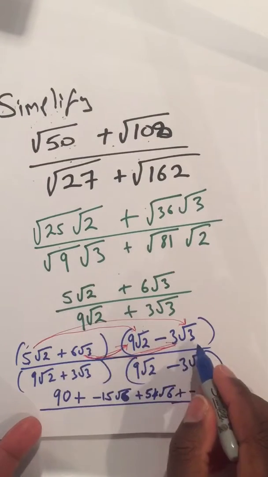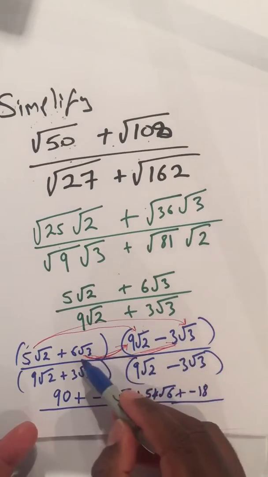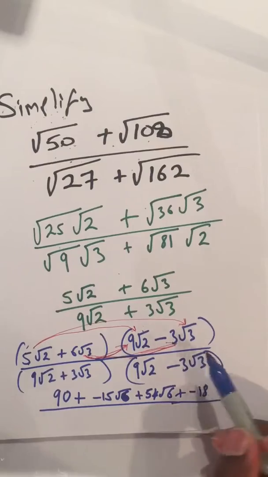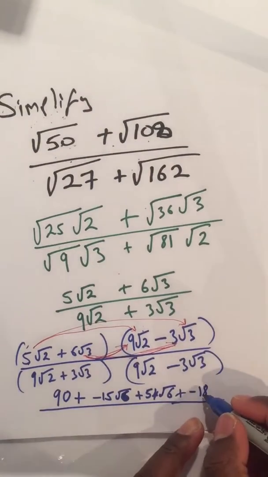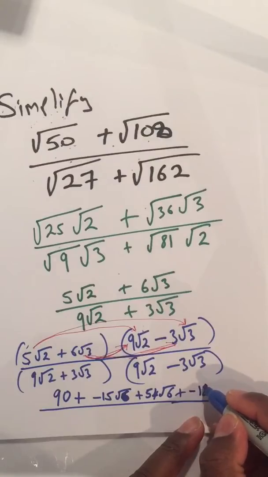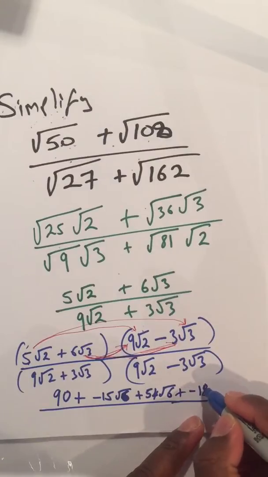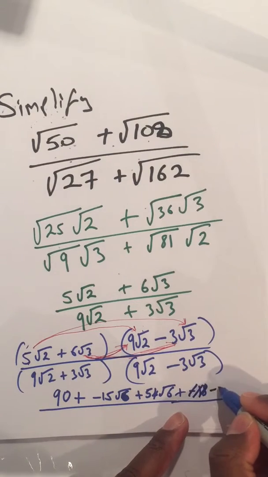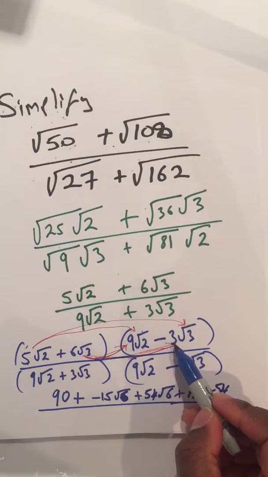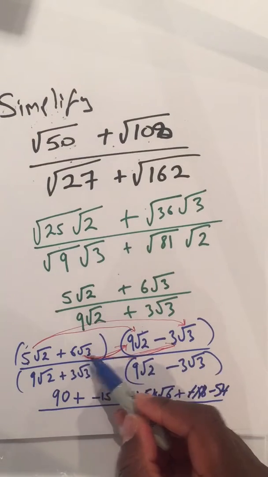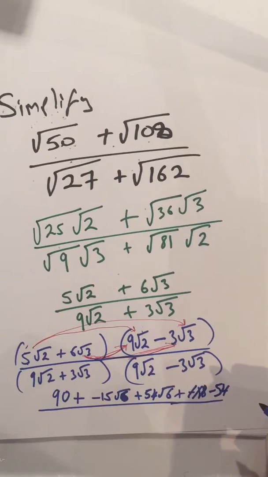Root 3 times root 3 is 3. So by the time you multiply root 3 times root 3, you get 3. Multiply that to 6 times 3, 18. So that changes this 18 to 54. I shouldn't have been quick to write 18 because that needs to become negative 54. If you permit me, I'll just do that. Okay, 6 times negative 3 is negative 18, times root 3 is negative 54.